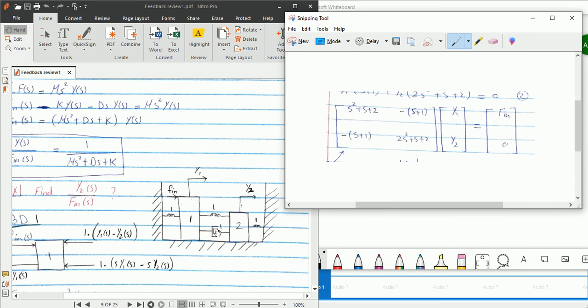Okay, and you have one damper here, so it will be 2 plus 1s, and mass is 1, so you have 1 dot s square, that is s square plus s from this damper, and plus 2, where 2, because 1 plus 1 equal to 2. Okay, so sum of all the impedances connected to mass 1.